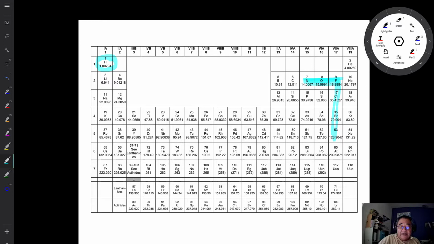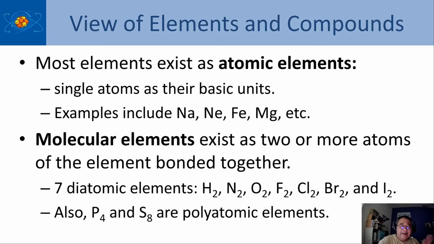Now, phosphorus and sulfur are also molecular elements. Phosphorus exists as P4, and sulfur exists as S8. As a molecule, sulfur actually has 8 atoms in an octagonal structure. It's kind of a folded octagonal structure, but it's an octagonal structure. An octagon would be like a stop sign shape. So there are actually 8 sulfurs connected.